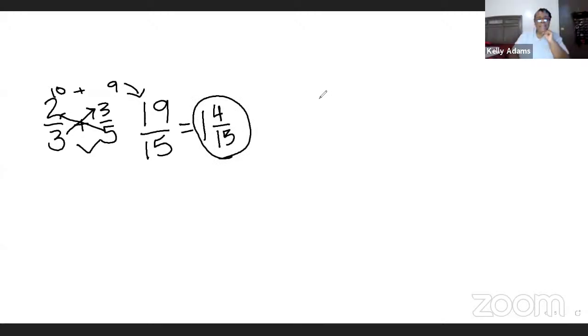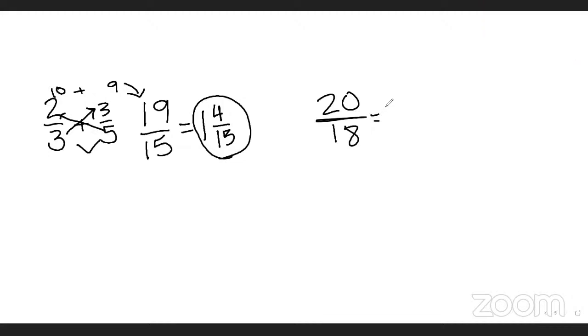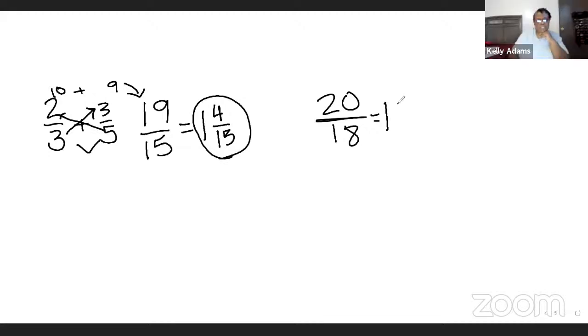If I had, say, 20 over 18, why would I write my 2s? It goes left. What's that going to be? 18 going into 20, how many times? Once. If you take 18 from 20, I'm getting how much? 2.